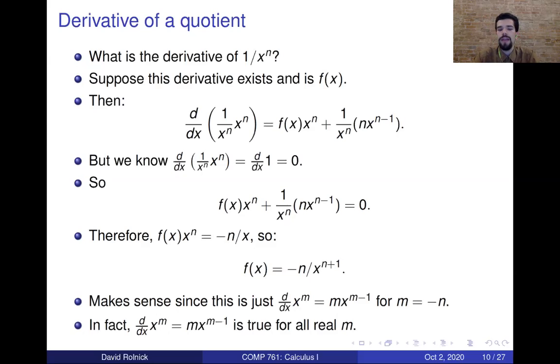X to the negative n minus 2, if you took the derivative of that, you would get minus n minus 2 times x to the negative n minus 3. If that didn't answer your question, then please feel free to message me separately or private message me here in Zoom.